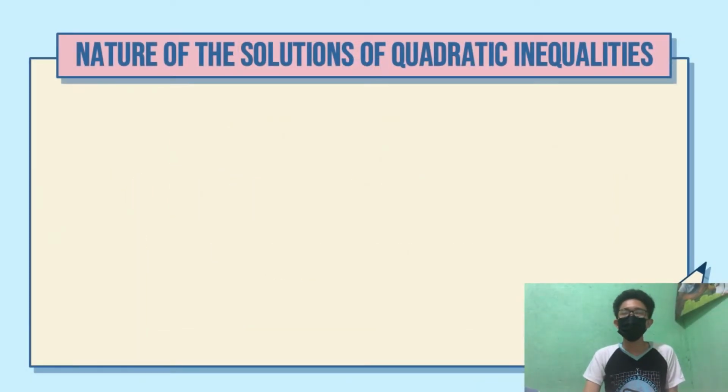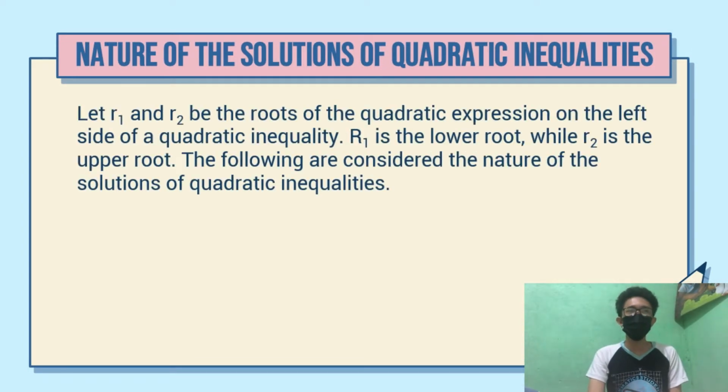For the nature of the solutions of the quadratic inequality, we have here R1 and R2. Let R1 and R2 be the roots of the quadratic expression on the left side of a quadratic inequality. R1 is the lower root while R2 is the upper root. So we have the following conditions.